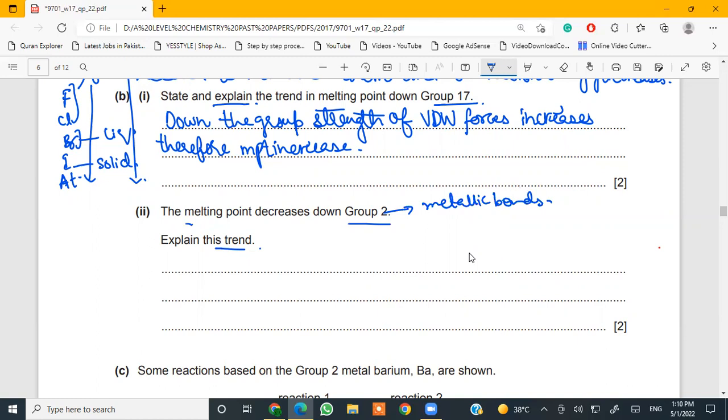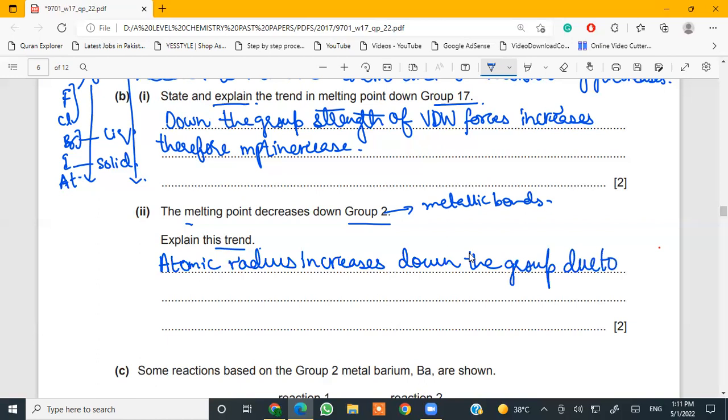So again, it's because of the increase in atomic radius. So atomic radius increases down the group, due to which charge density decreases, because you guys know the charge density and atomic radius are inversely related.